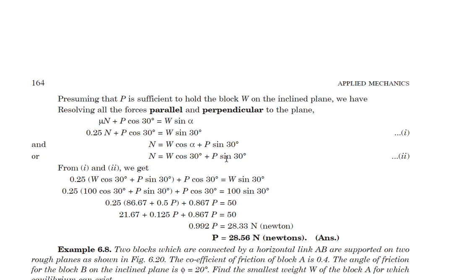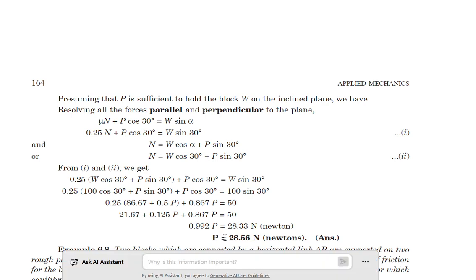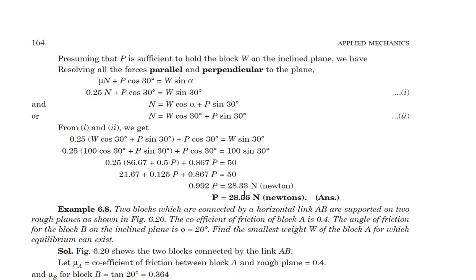Since N is unknown, we can replace N from the second equation into the first, and the remaining equation will give us the force P. This is given over here. After solving, you get this.